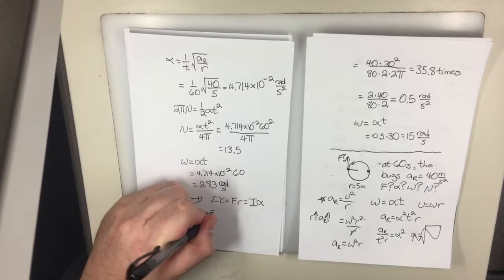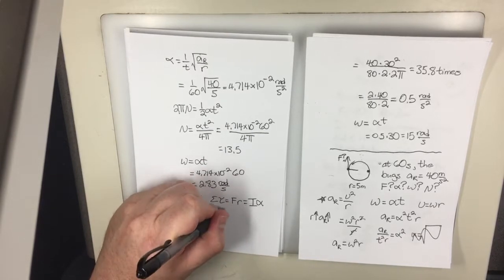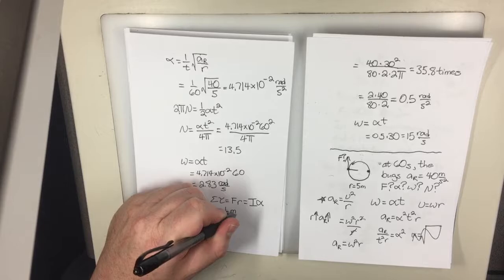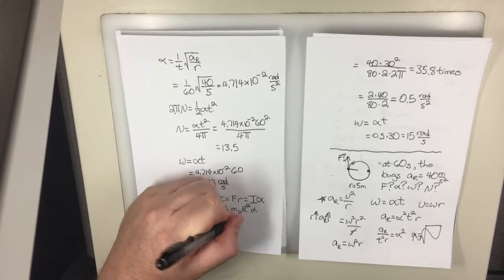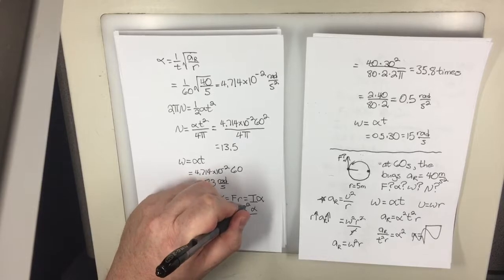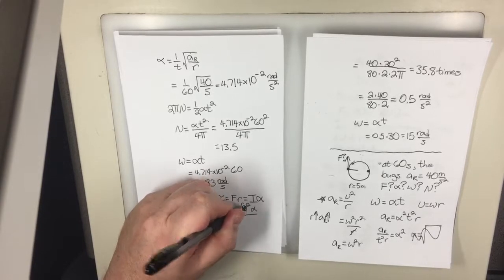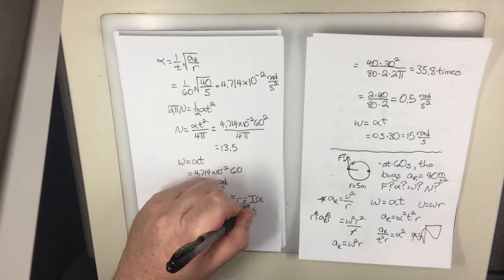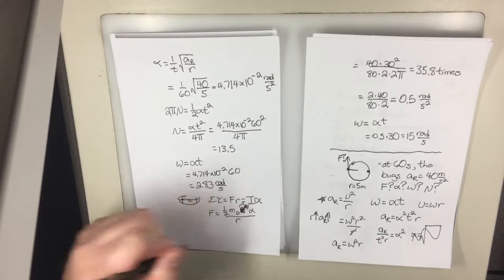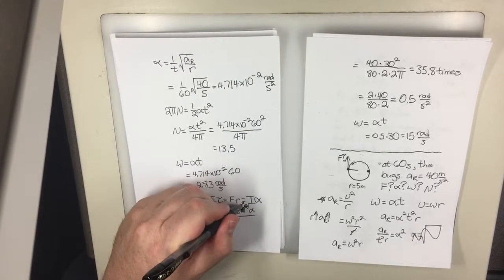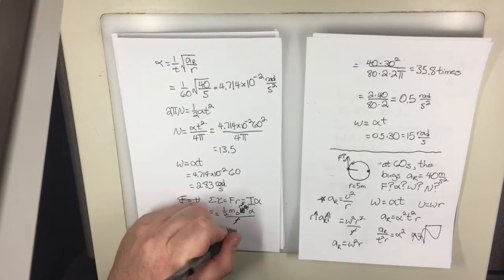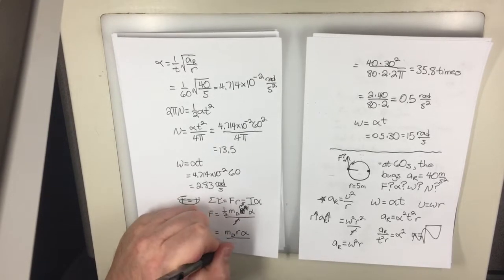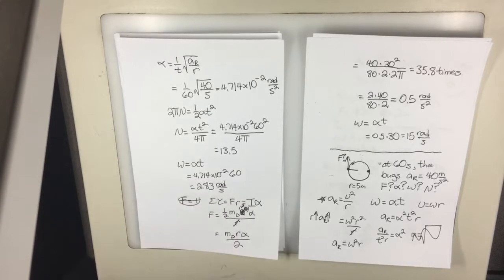So F is equal to I, or 1/2 mass of the disk, R squared, alpha over, oh, actually I should have used lowercase r squared. Exactly, I know, Friday. One of the r's cancels, and I'm left with m d r alpha over 2. And that will give me the force.